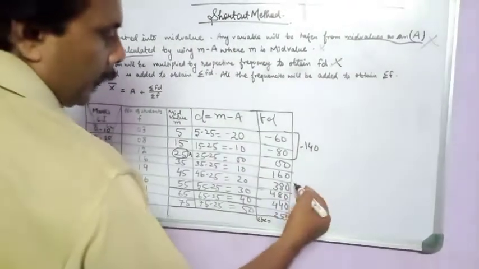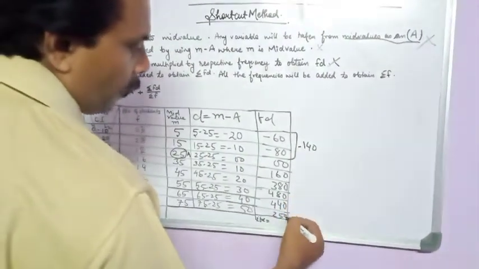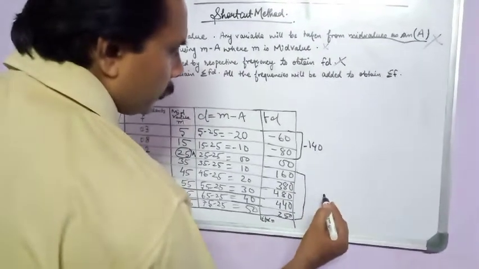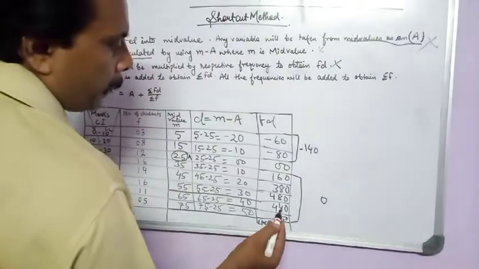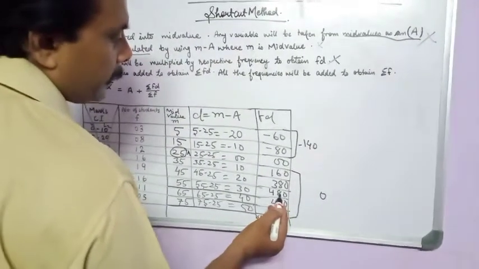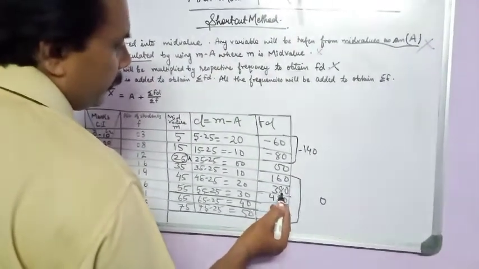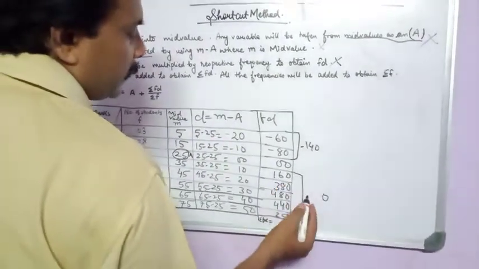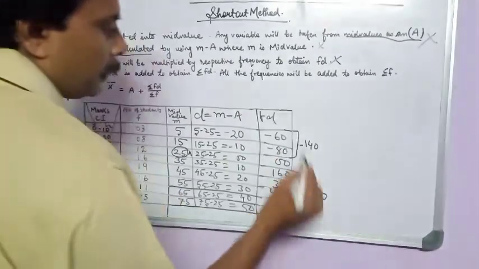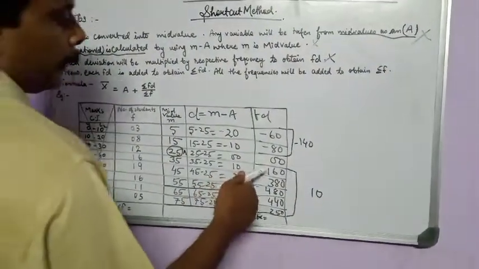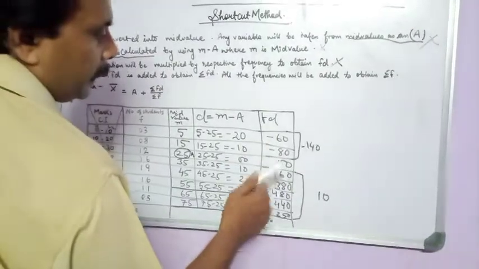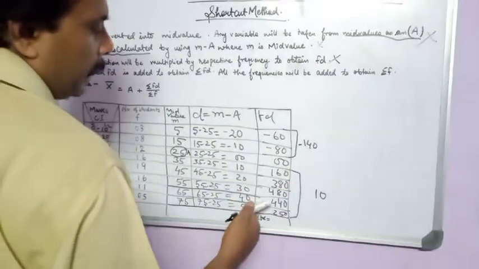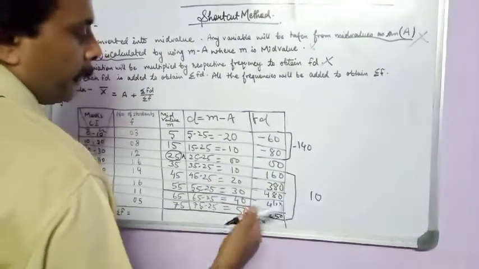Now add all the positive values. 0, then 5 plus 4 is 9, 9 plus 8 is 17, 17 plus 8 is 25, 25 plus 6 is 31, carry 3, 3 plus 1 is 4, 4 plus 3 is 7, 7 plus 4 is 11, 11 plus 4 is 15, 15 plus 2 is 17.